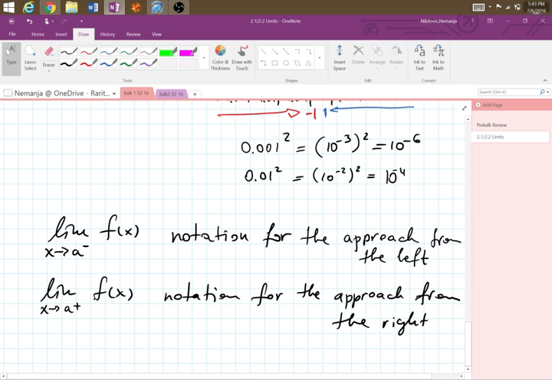In my notations, I used the left arrow, which was red, and over here, blue, which was approach from the right.